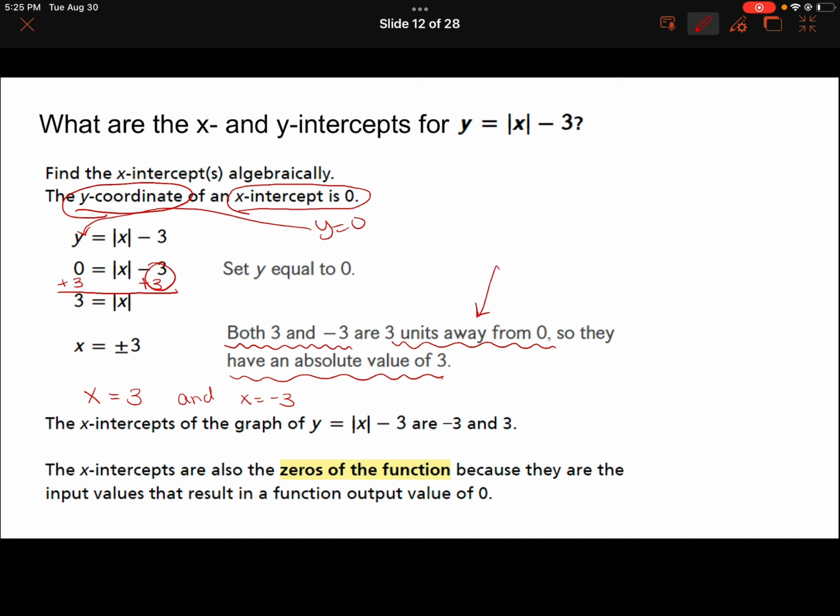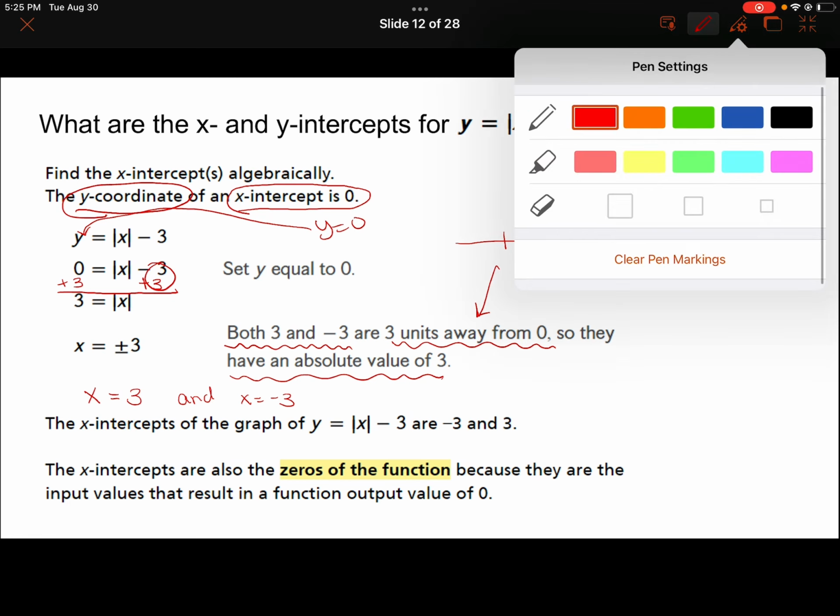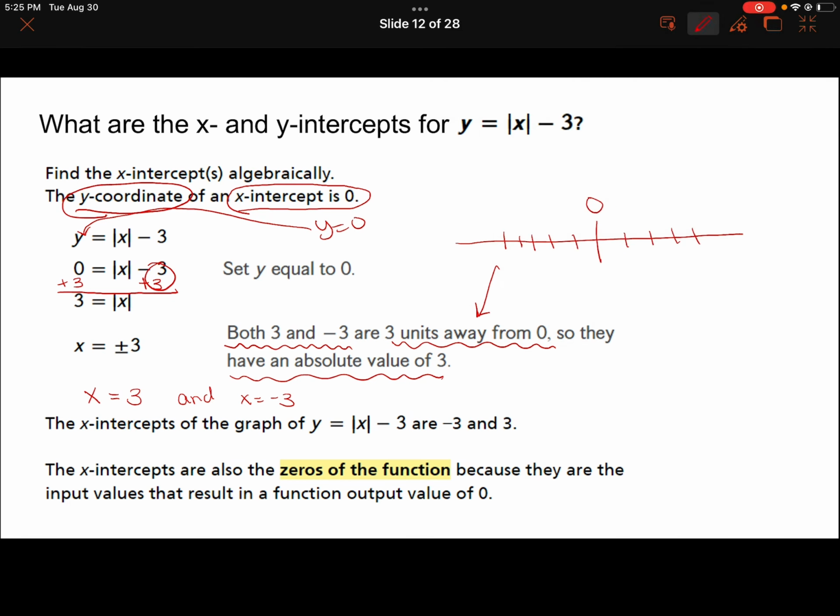So absolute value really means, how far away is it from 0? If the absolute value is 3, how far away is it from 0?